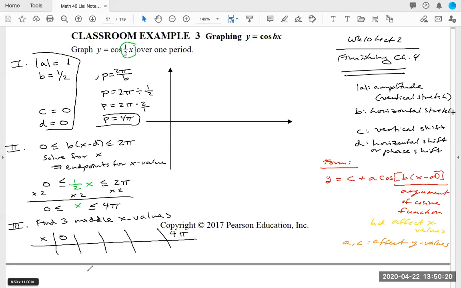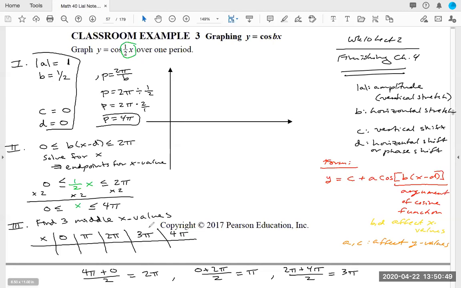If you missed this part last time, essentially by doing the average, we're taking the end values, adding them, and then dividing by 2. So 2 pi will be in the middle. 0 and 2 pi average is pi. And 2 pi and 4 pi average is 3 pi.